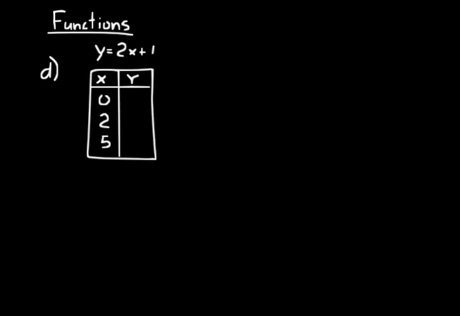Here's another way that you might see a function. Remember, we said it's a relationship between a pair of values. So you could have an equation like this, y equals 2x plus 1, that has a pair of variables in it. In a function, you're given your input values, and then you figure out what the output is.